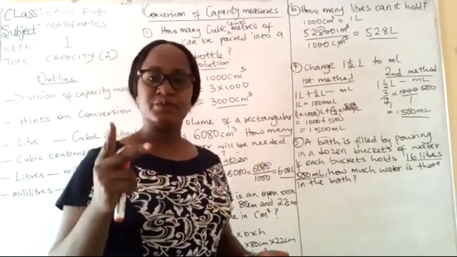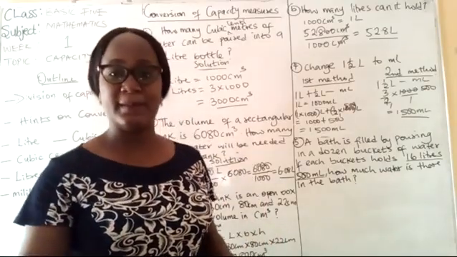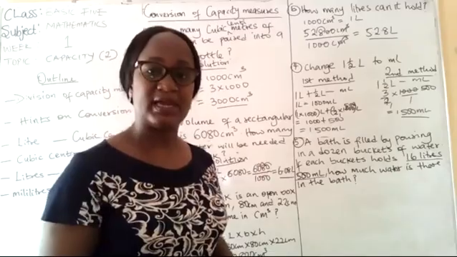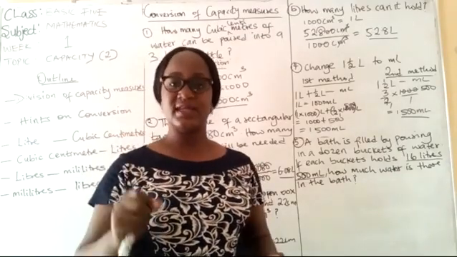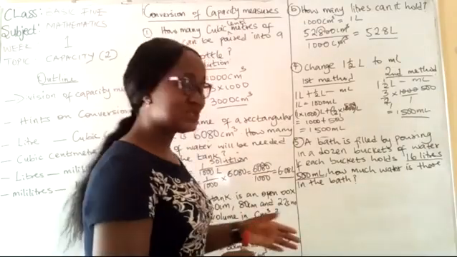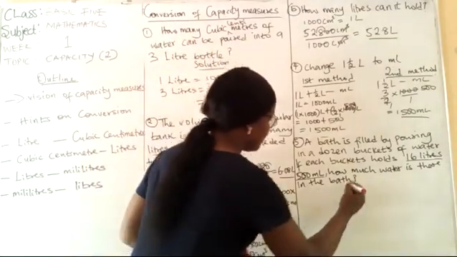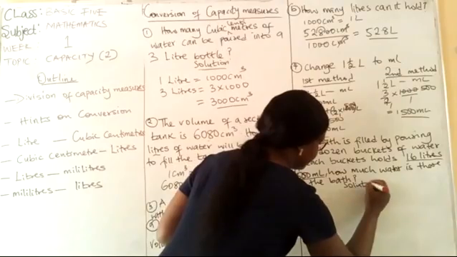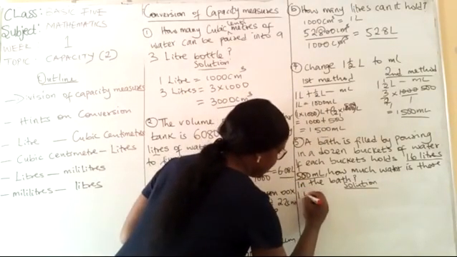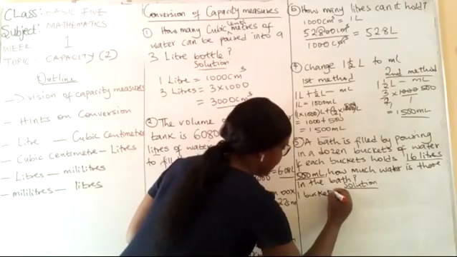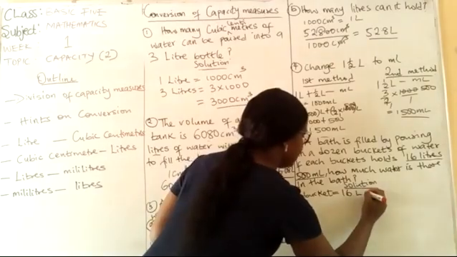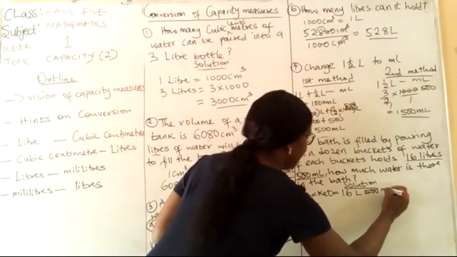And remember, a dozen buckets will fill the vat. So that means we're going to multiply the capacity for each bucket with 12. That will give us the capacity of the vat. Okay? So let's solve. For each bucket, as one bucket we have 16 liters, 500 ml.